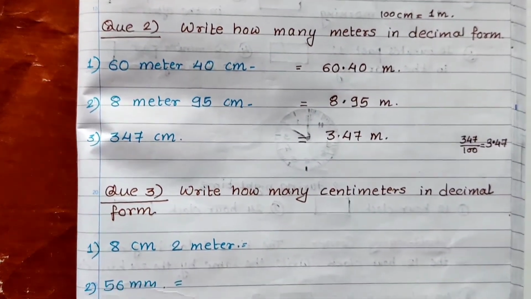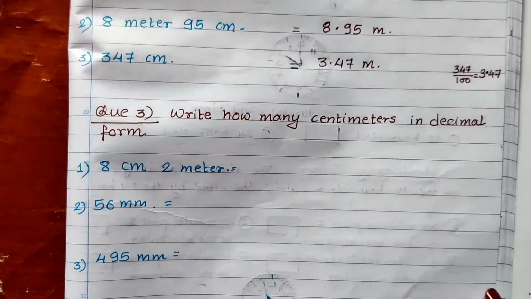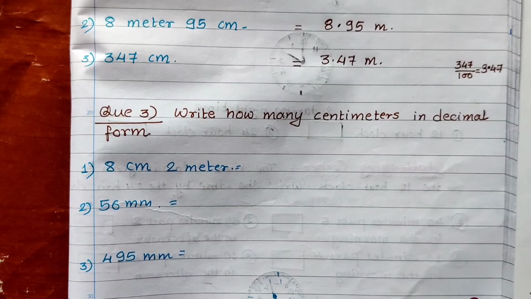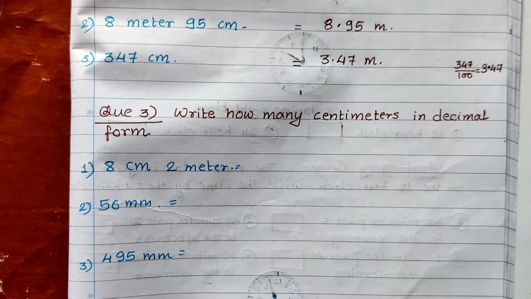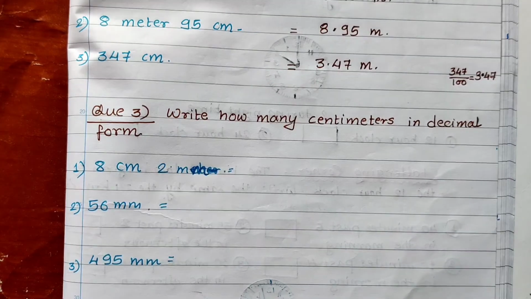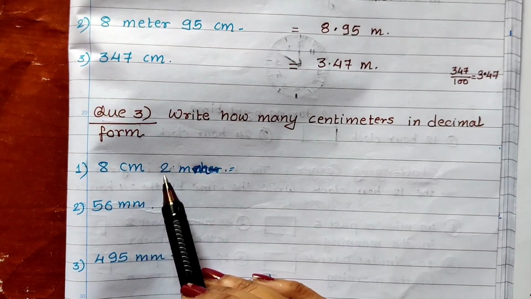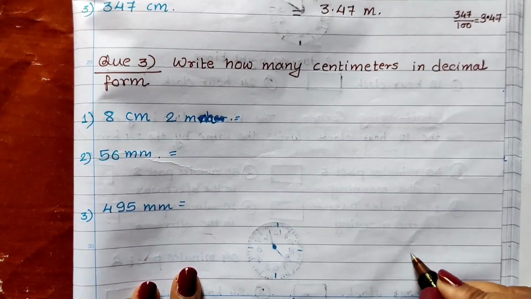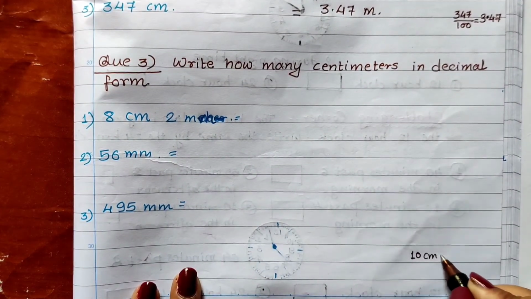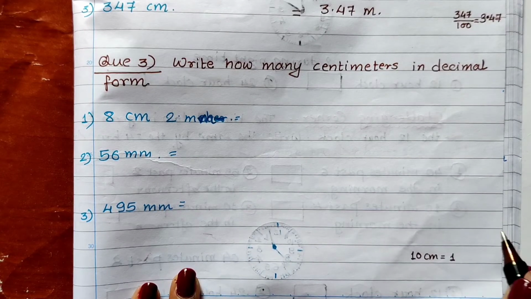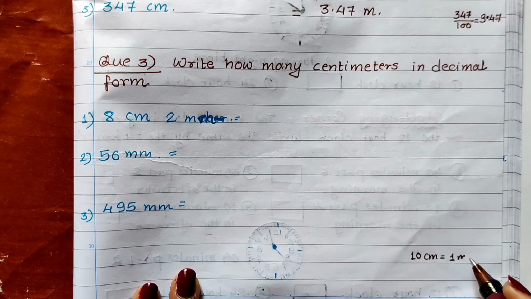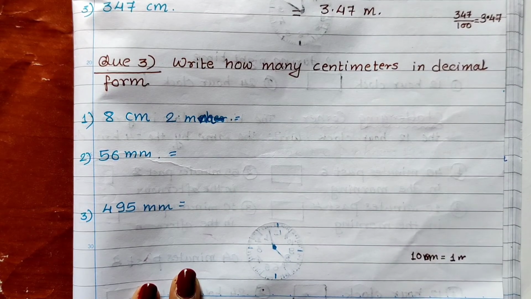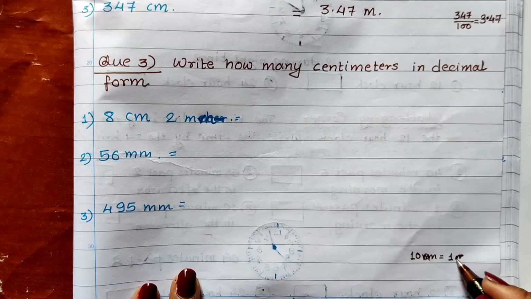Now next is write how many centimeters in decimal form. So 8 centimeter to mm. Mm means we all know 10 mm is equal to 1 cm.